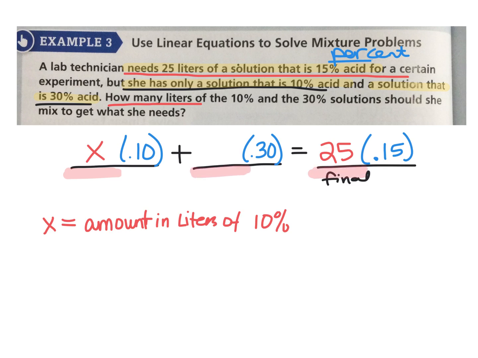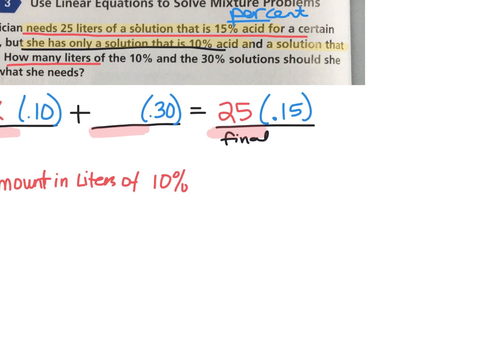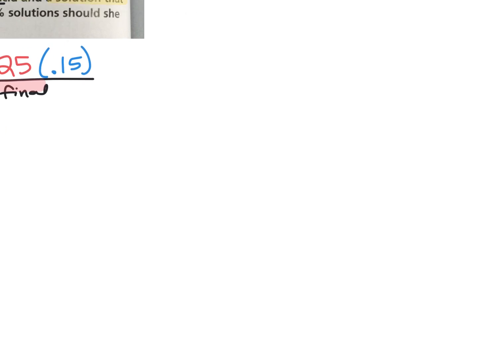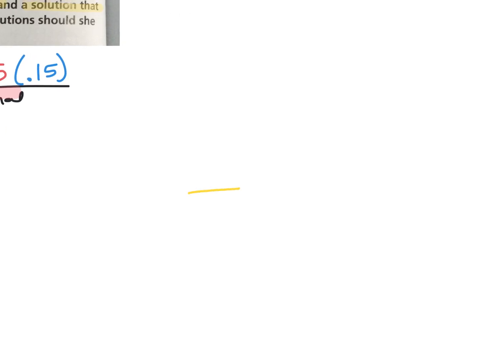So if one of them is X and the other one is 25, how would I find the difference? We can ask ourselves a similar question. If I have something plus something equals 25, and let's pretend that I know that one of them is 12, how would I find the other one? Well, I would do 25 minus 12, which tells me the other amount is 13.